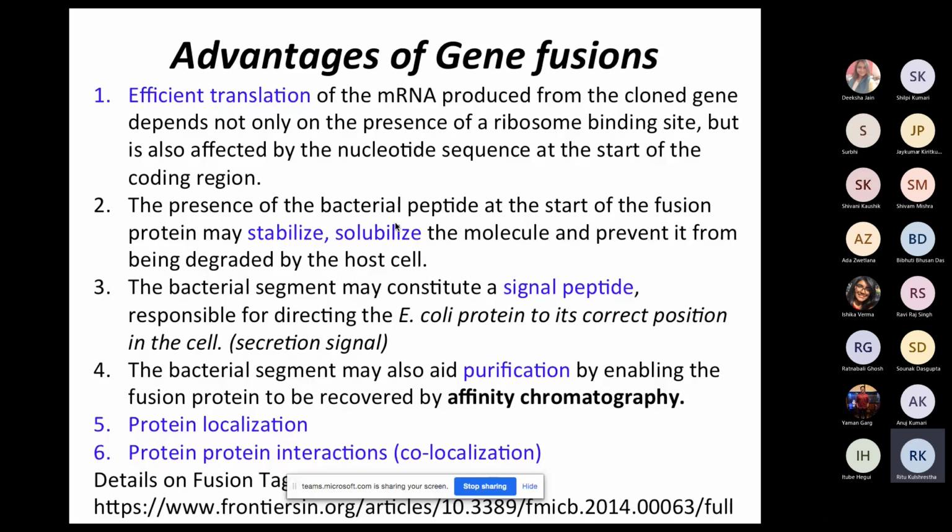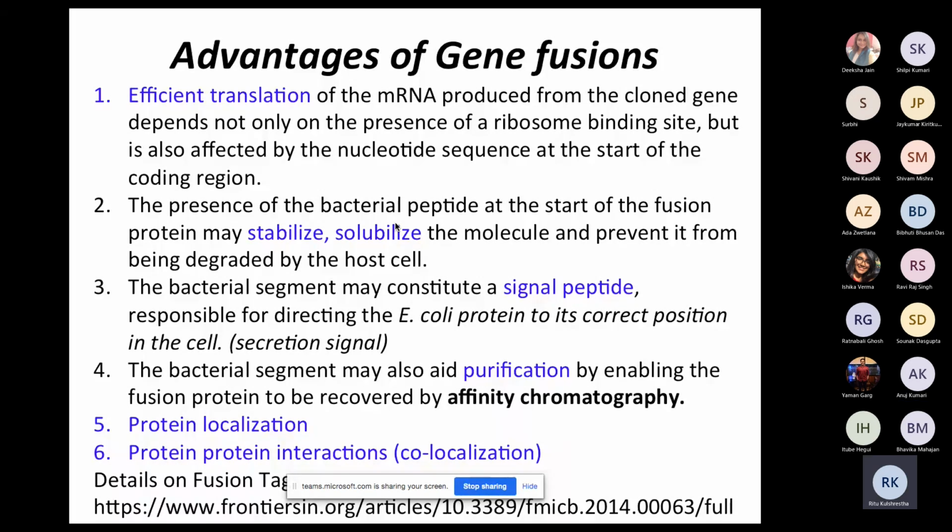Because they are not folded properly, they end up in the insoluble fraction of the cell, also called inclusion bodies, and then it becomes very difficult for these to be purified further. So in those cases, addition of these fusion tags helped in solubilizing, and also in stabilizing the peptide, meaning increasing the half-life. So these are two different points.